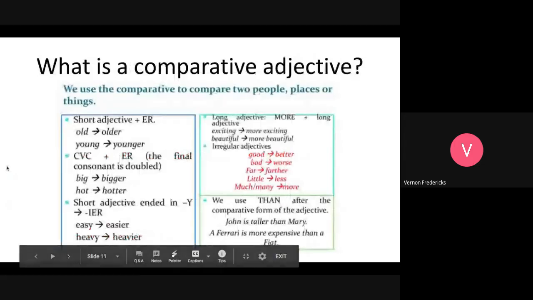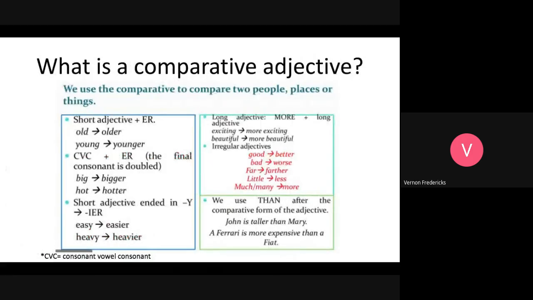Okay, so let's just recap what we talked about. What is a comparative adjective? We use the comparative to compare people, places, or things. Number one, short adjective plus -er. Old, older. Young, younger.